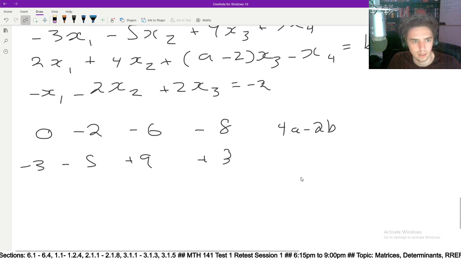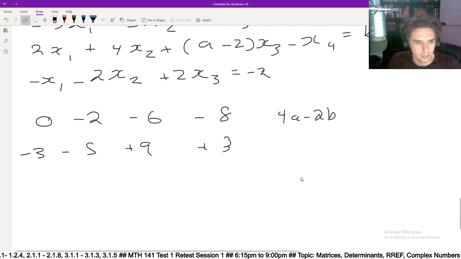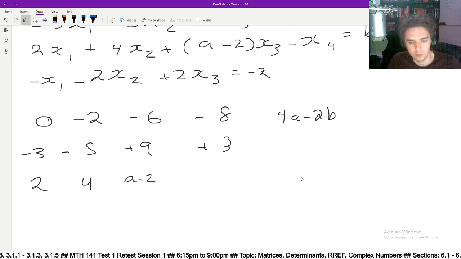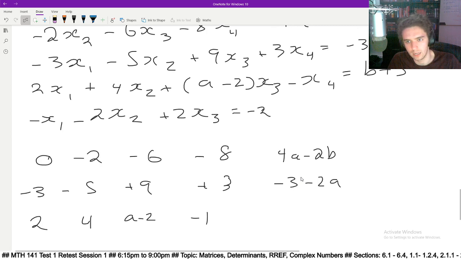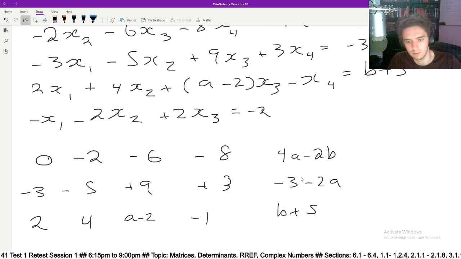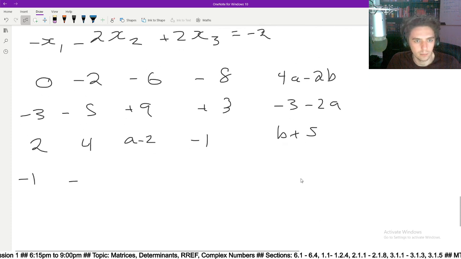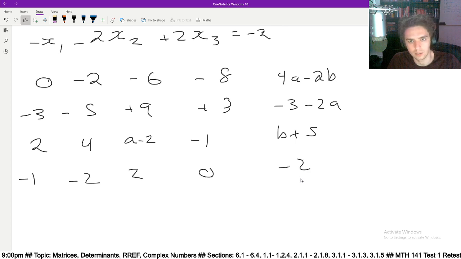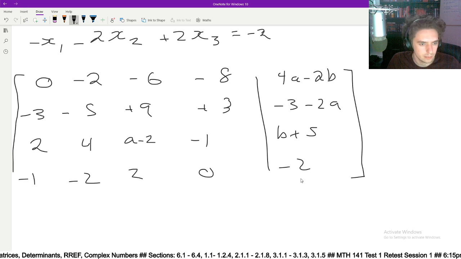I have to organize this properly. 2, 4, a minus 2, negative 1. Oh, I didn't write the last column here. Negative 3 minus 2a, and b plus 5. And then this one is going to be negative 1, minus 2, 2, 0, minus 2. Okay. That's our matrix.